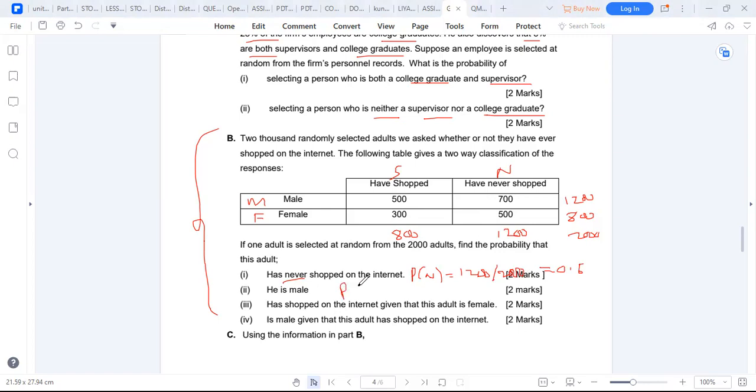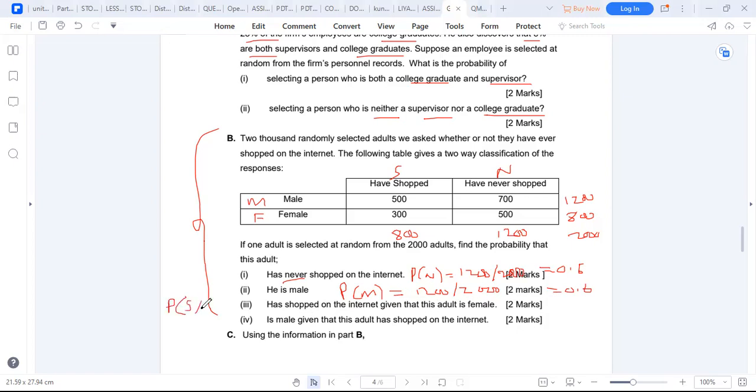So probability that they're male, the total for M. M here is also 1200 over 2000. So we're going to get 0.6. Here, what's the probability that they shopped on the internet given that they're female? So they're actually asking us to find probability of what?